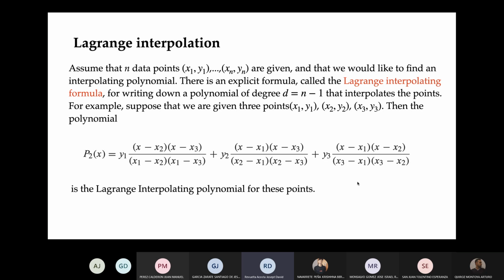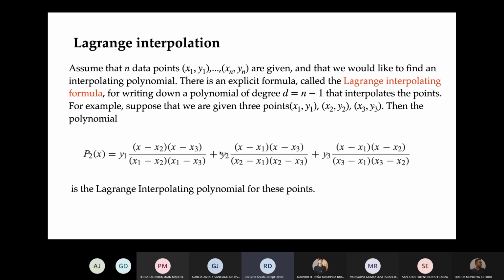This is for 3 points. If you have 1 more point, how would this method work? You will have to add 1 more factor to these operations.